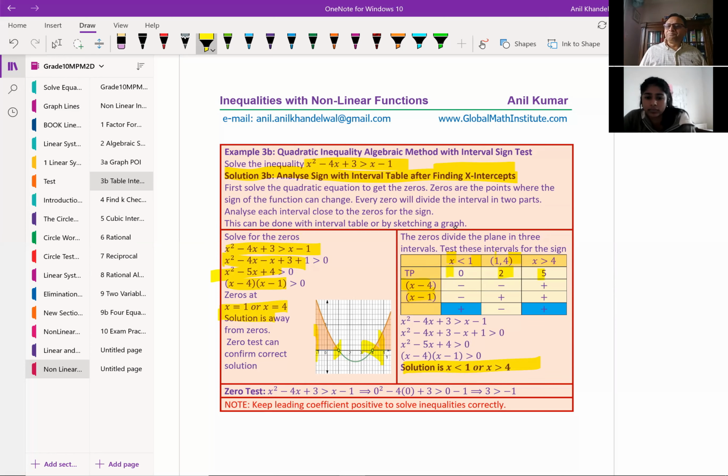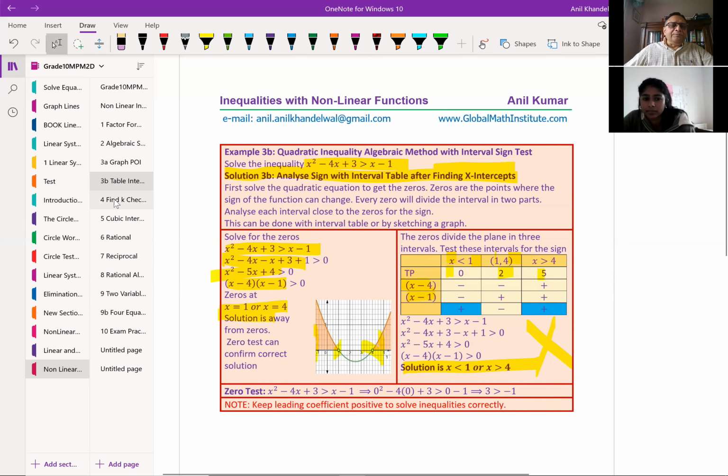Is that clear to you? Yeah. So it is not necessary for this question to do this part, so let me put a cross here. But imagine if this was a slightly more complicated question, a cubic function for example, where the interval table could have worked better. Is that clear to you? Yeah. For accuracy. The whole purpose of teaching you a new method is to apply it when you have a complicated question, right?